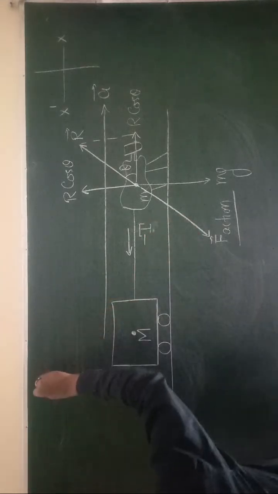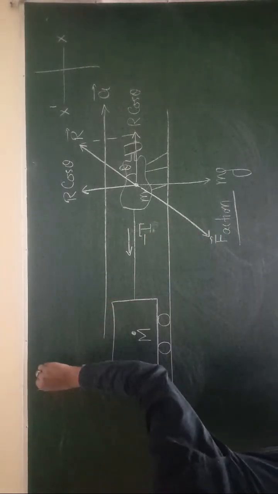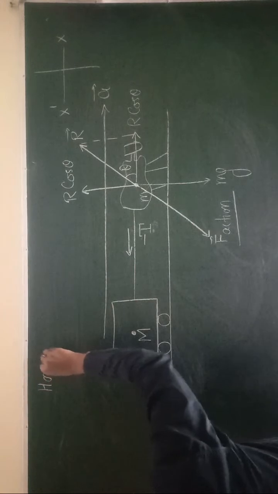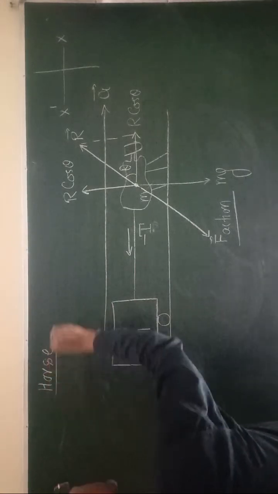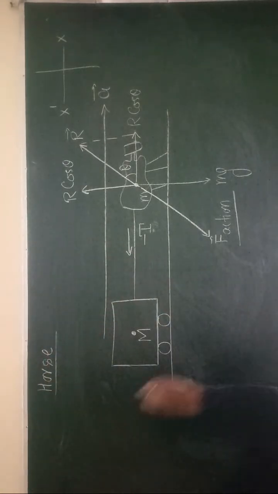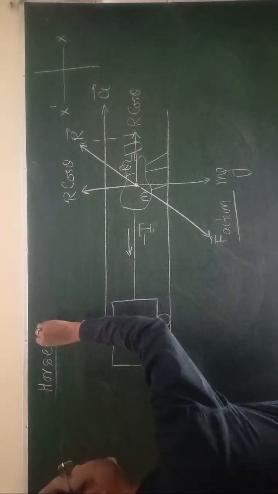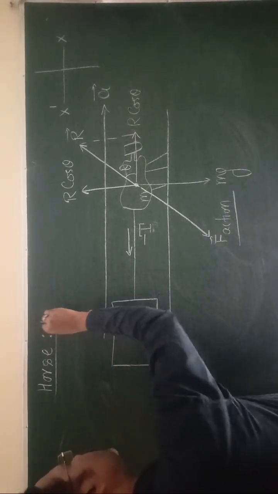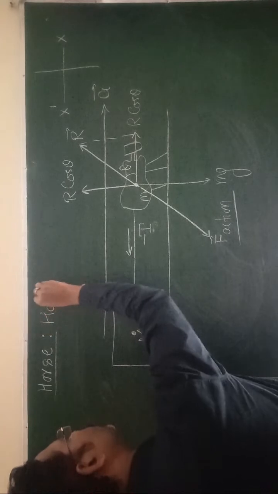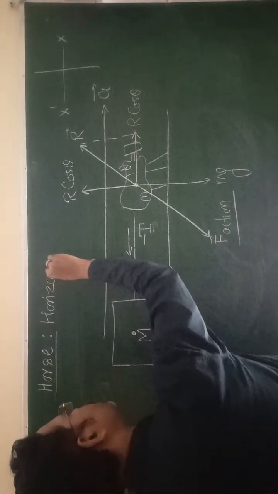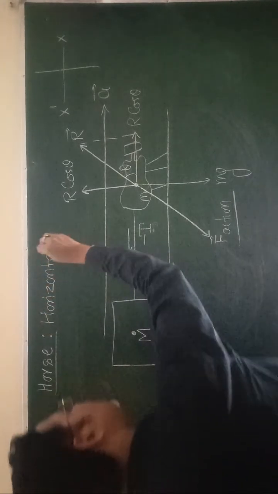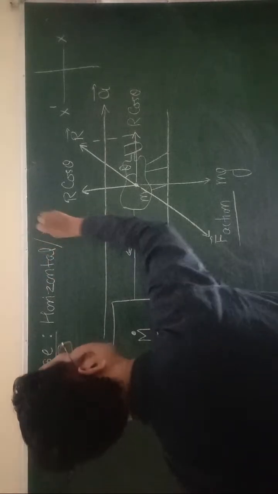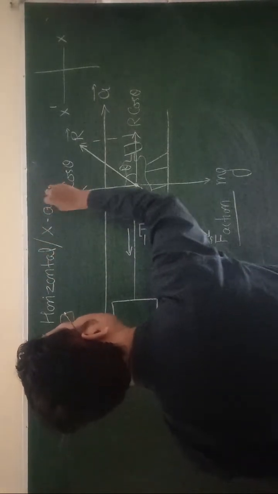Again, for the horse, you see there are four forces. In the horizontal direction or x-axis, for the motion.